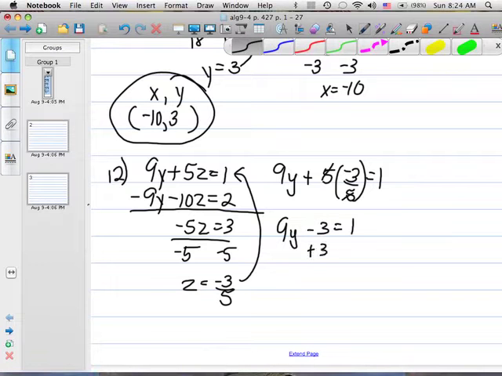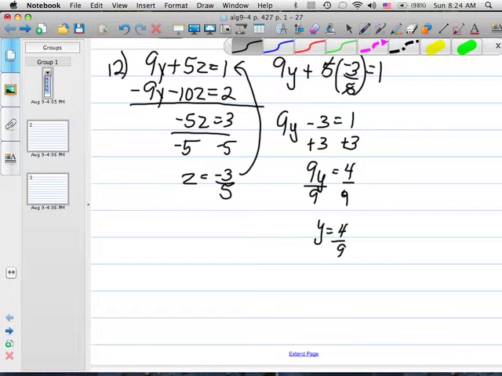Add 3 to both sides. So I get 9y equals 4. Divide by 9. And y is 4/9. So my ordered pair is y, z, and y is 4/9, and z is negative 3/5.